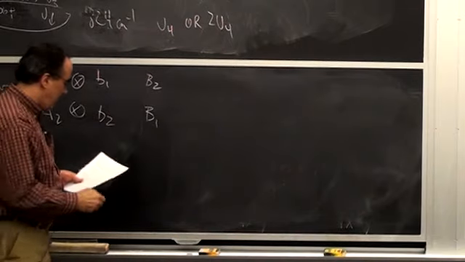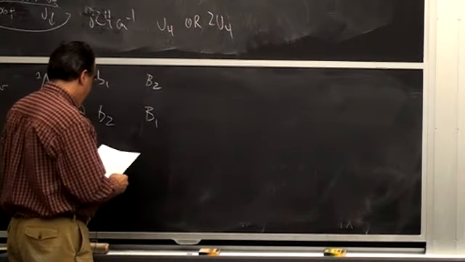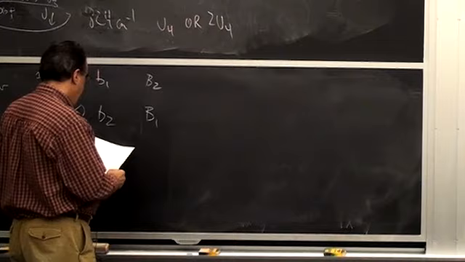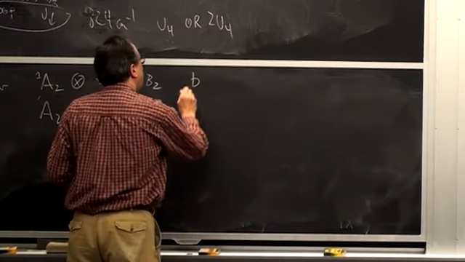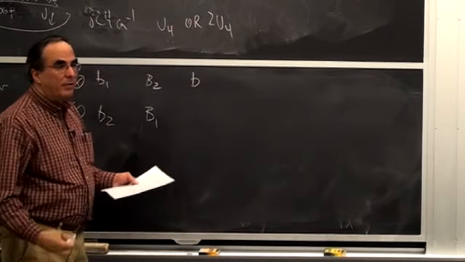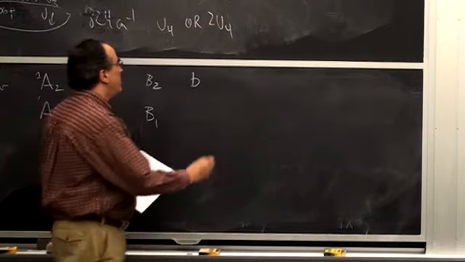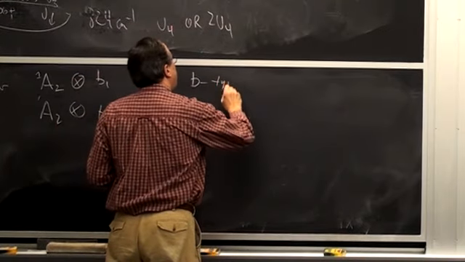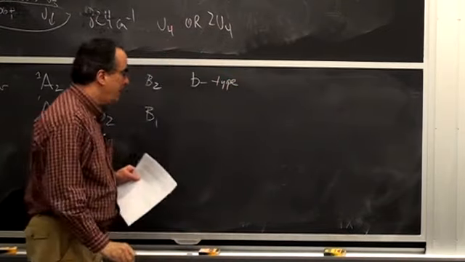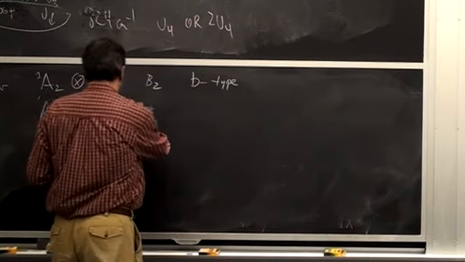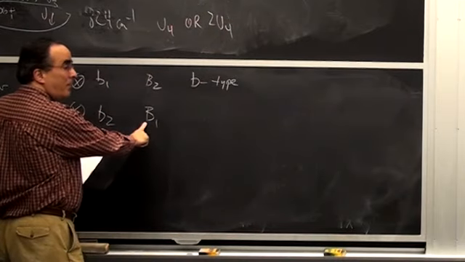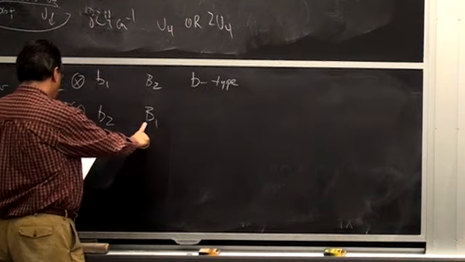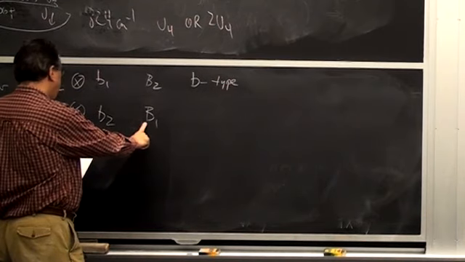And a B2 state corresponds to the B irreducible representation. So we expect rotational transitions that are B-type. And this vibronically B1 state will correspond to transitions that are C-type.